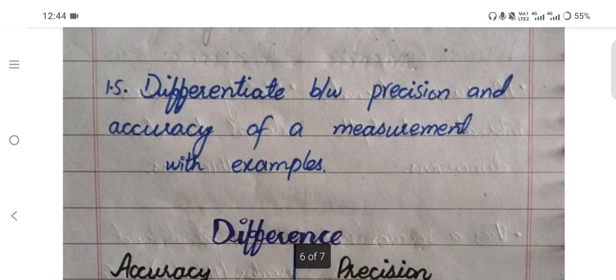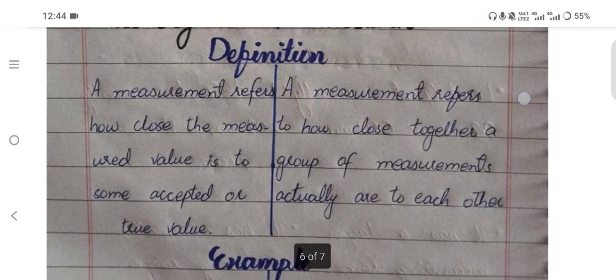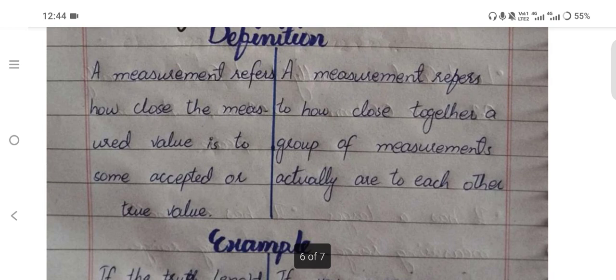And the last question is 1.5: differentiate between the precision and accuracy of a measurement with an example. Here we have definitions, but an example will help us understand it in a better way.